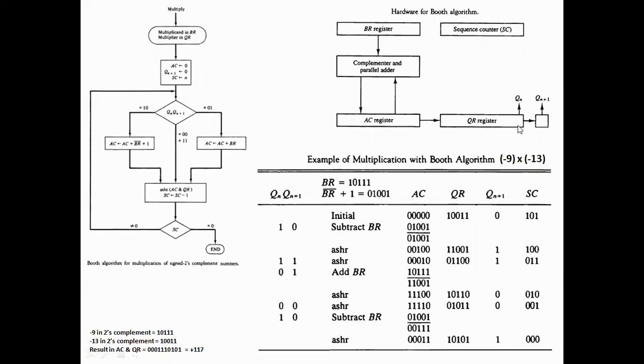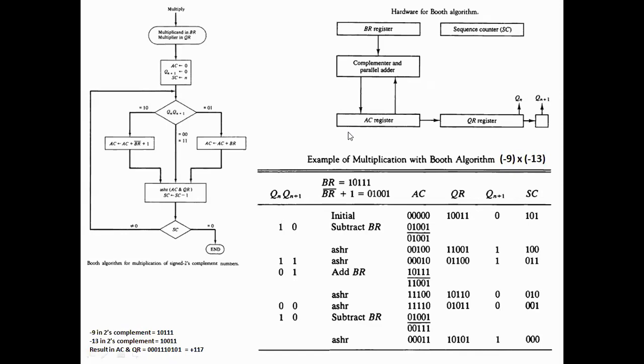That means the last bit of QR will go here into Qn plus 1, and the last bit of AC will go to this place, and there will be a shift. Now an important point to remember here is that we are doing arithmetic right shift, ASHR. So when we do an arithmetic right shift, we need to preserve the sign bit.